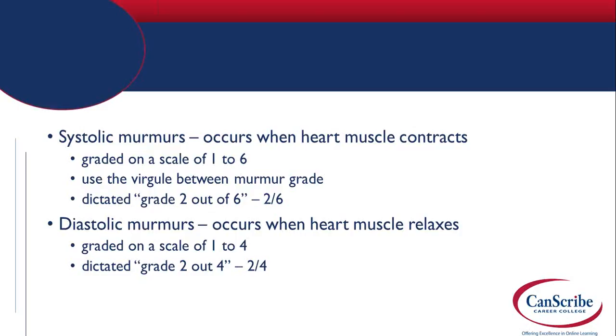Like that, instead of using the 2-3/6, because that can be misread as a fraction. So usually it'll be like 1 out of 4, 2 out of 4, 3 out of 4, 1 out of 6, that kind of thing. Always remember to use the virgule or the slash between them.